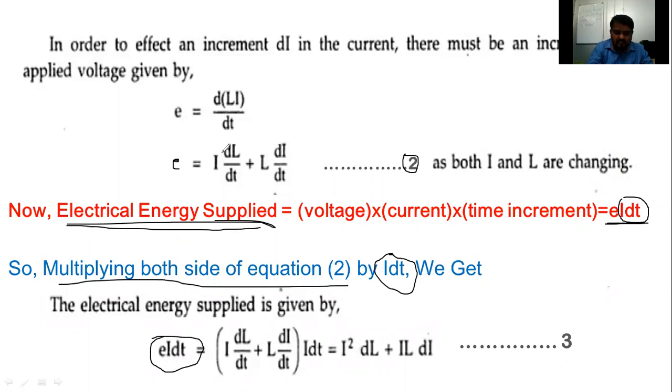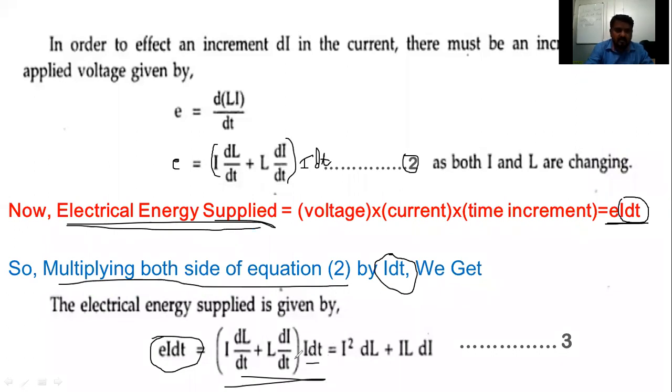On the RHS, keep the complete term as it is and multiply by I dt: I dL/dt plus L di/dt, the whole into I dt.